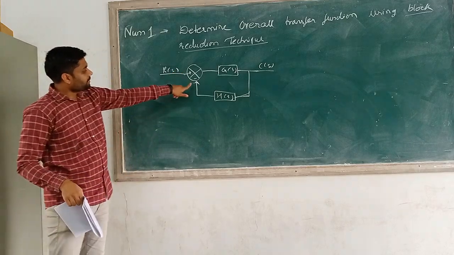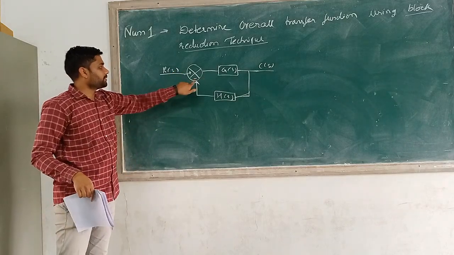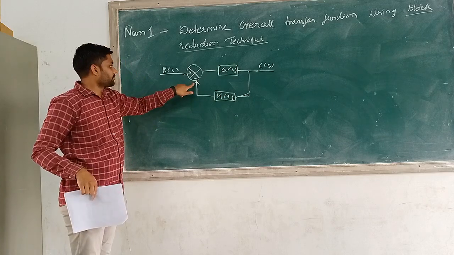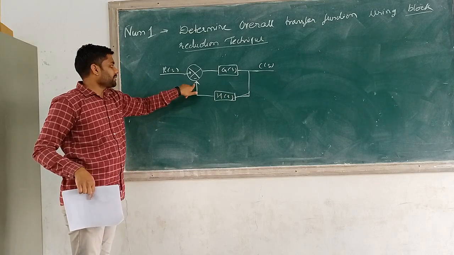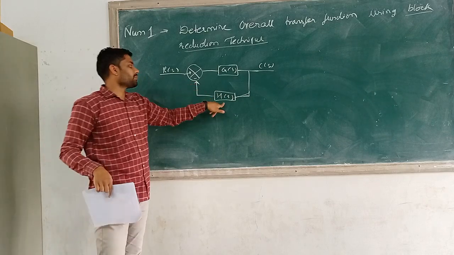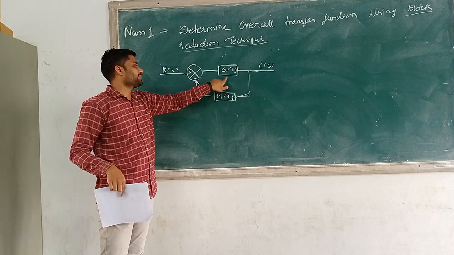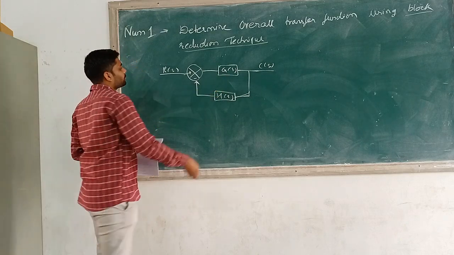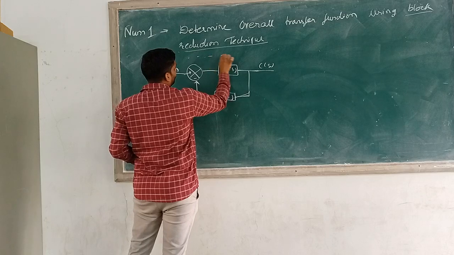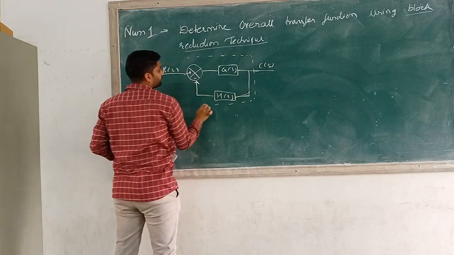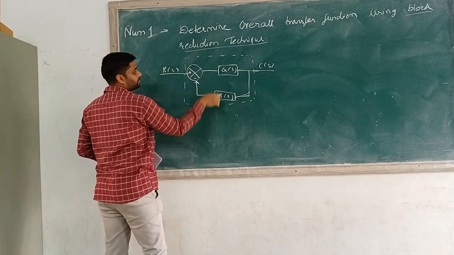Now you can simply understand by watching this return arrow here. You can say that this H of s is the feedback loop of this transfer function G of s. So here we need to only reduce these two blocks.